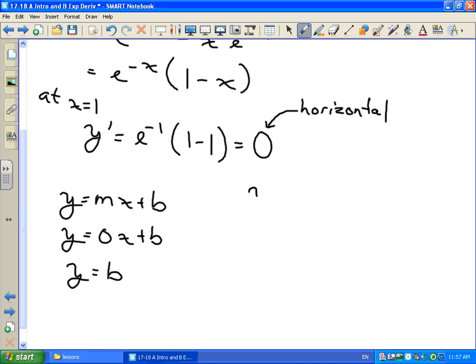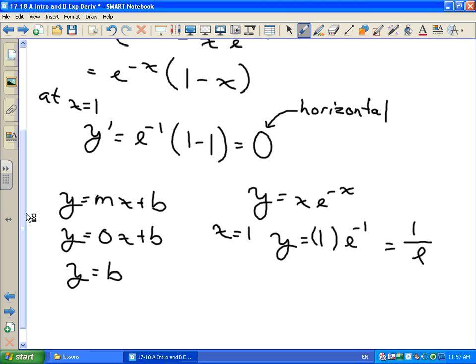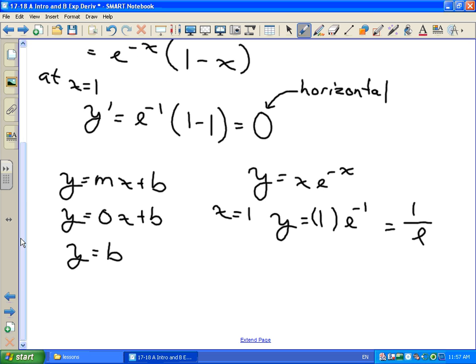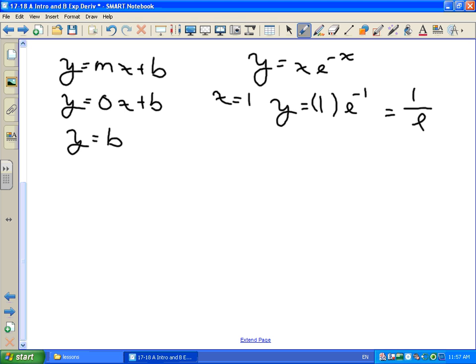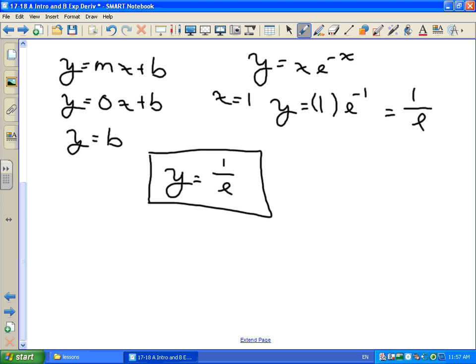So we've got y equals x e to the minus x. If x equals 1, this is 1 e to the minus 1, which is just going to be 1 over e. So if y equals 1 over e, that's going to be our equation. I mean, we put in y equals 1 over e. That tells us that b is 1 over e, so y equals 1 over e is the equation of our tangent. Okay? This is the equation of a horizontal line because it's just y equals a constant.